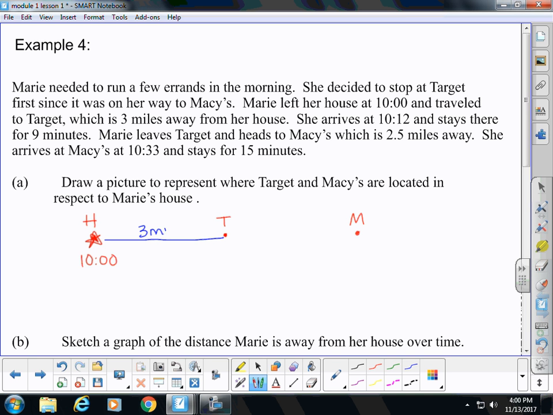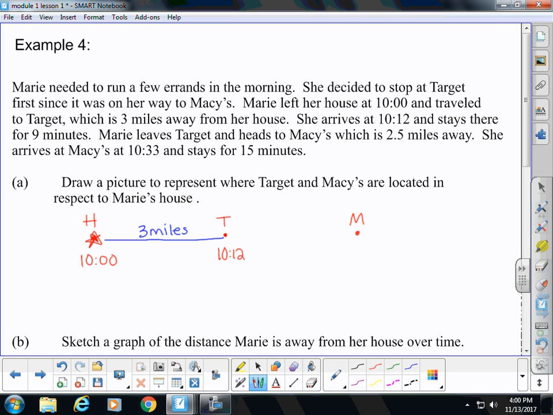So you want to keep track of the times and the distances because that's what the whole graph is going to be about later on. So it's 10 o'clock when she leaves, it's 3 miles. She ends up at Target at 10:12. And then she stays there for 9 minutes.